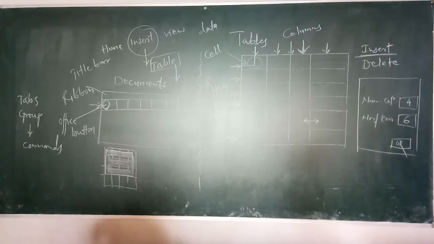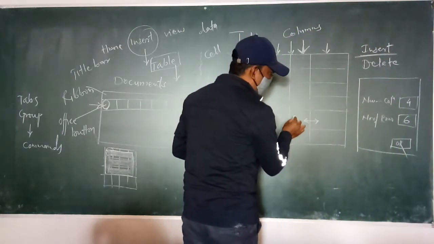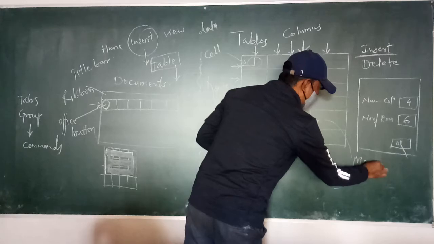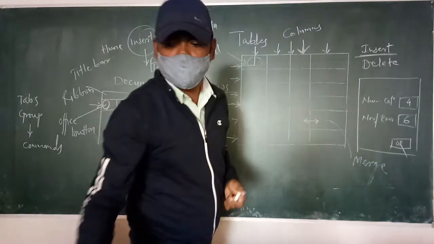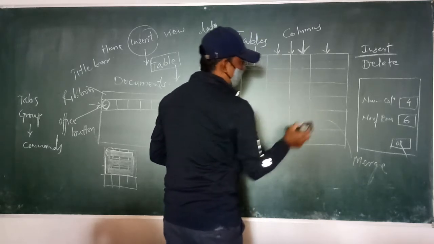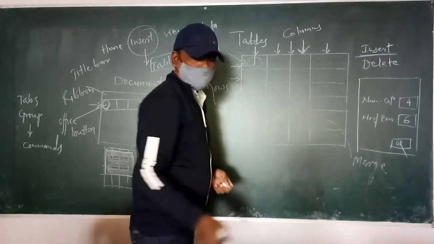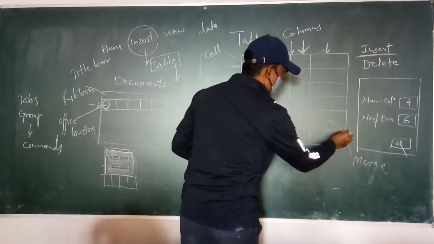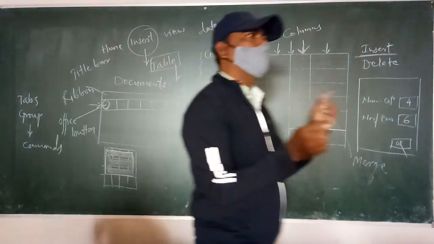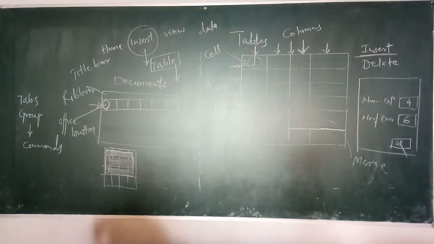So what you have to do, you have to select the cells which you want to merge and then use the merge option. So that will become a single cell. In this way, before there were 2 cells, now only 1 cell will be there. What we have done here, we have merged or combined 2 cells to create a single cell. That is called merge.